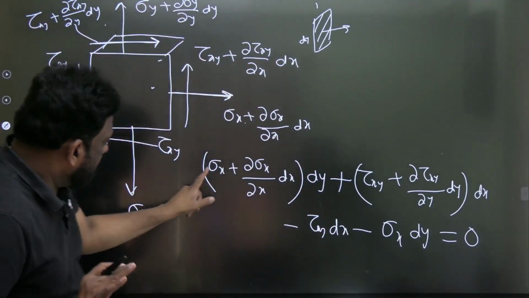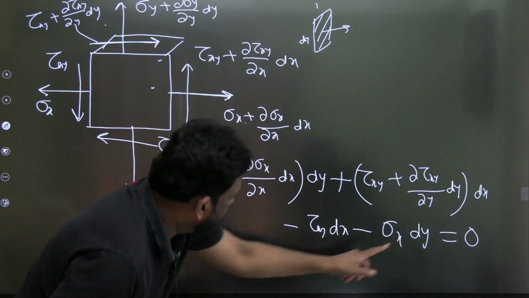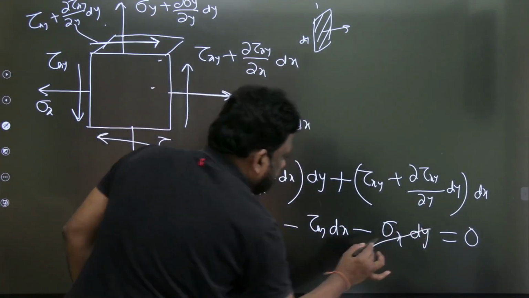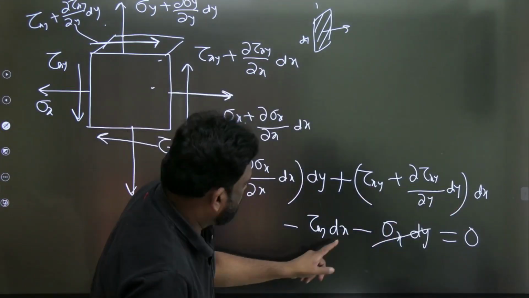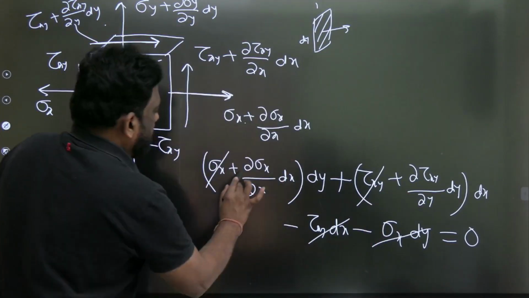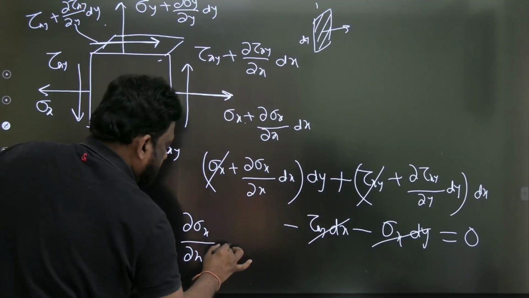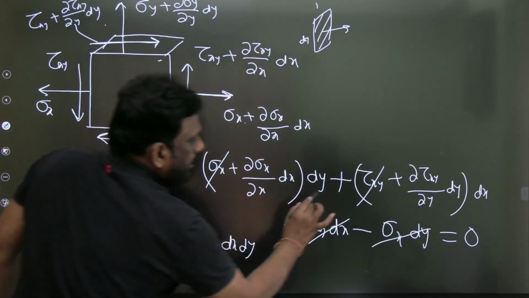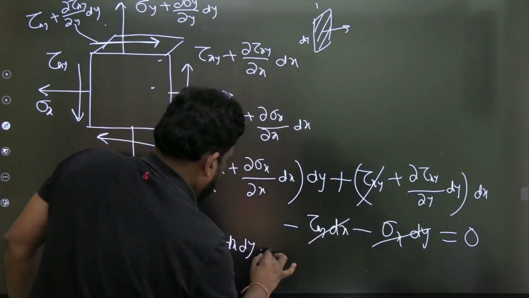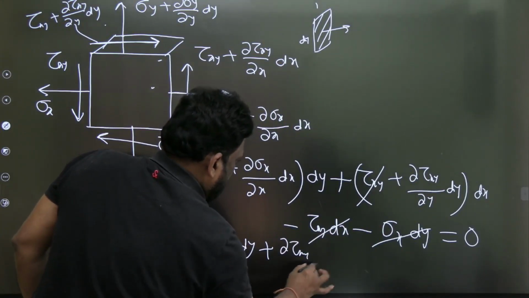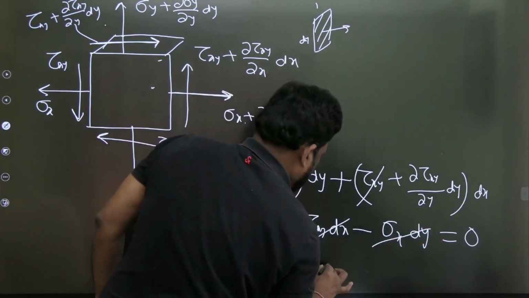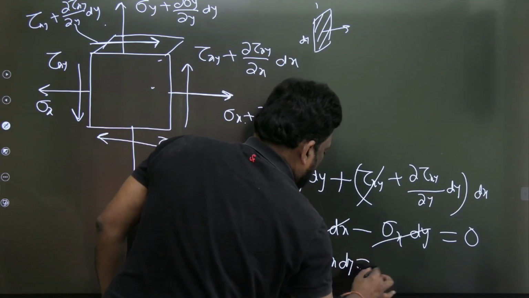Now have a look at this. Sigma x into dy, sigma x dy, so this is cancelled. Tau xy dx, it is cancelled. So what is left? Dou sigma x by dou x dx dy plus dou tau xy by dou y into dx dy, and that should be equal to 0.